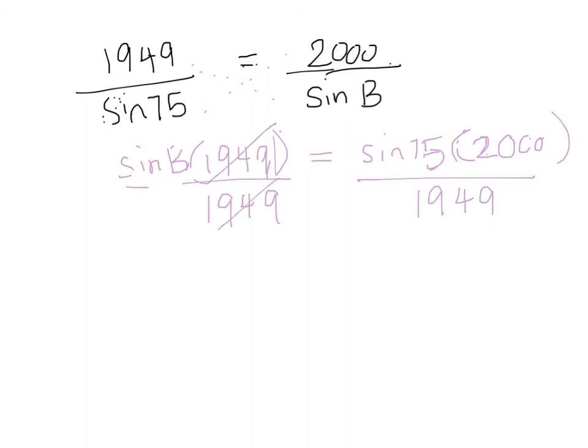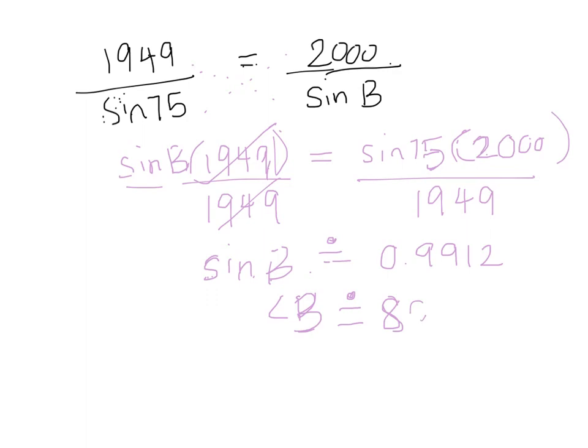So you're going to figure out what sine B is equal to. That will give you the ratio, and then I want to know the angle B. 0.9912 approximately. So what's the angle? We'll round it off to the nearest degree, approximately 82 degrees. Okay, so let's go back.